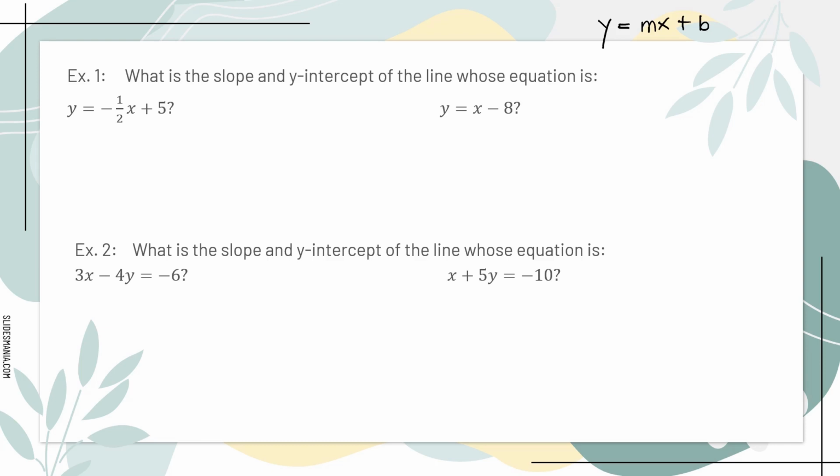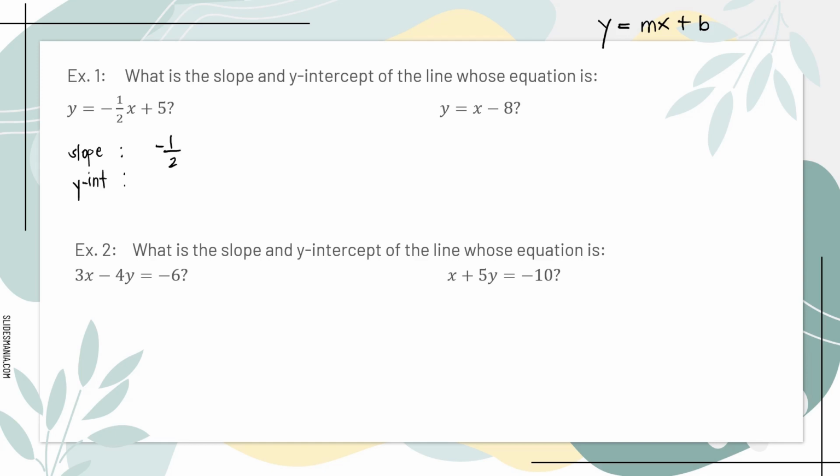Since it is already in that form, it is easy for you to identify which are the slope and which are the y-intercept. Right? So for this first example, your slope is negative 1/2. Ayun siya. Nasa unahan ng x. Do not forget to include the sign of it.